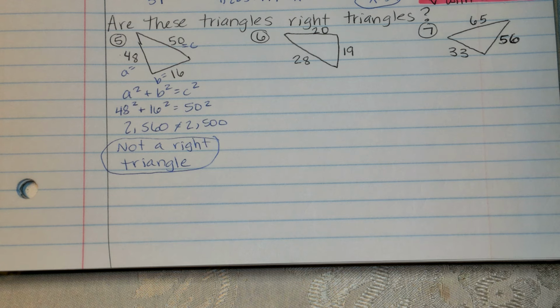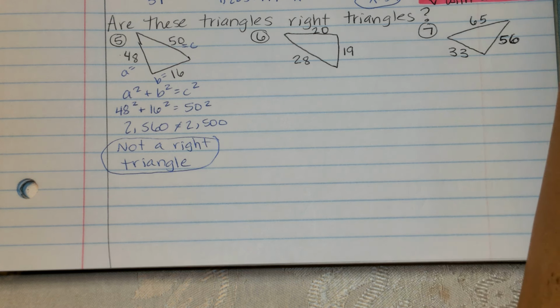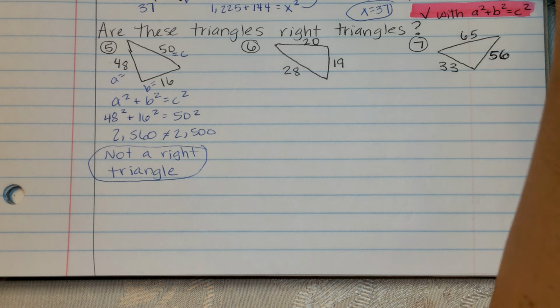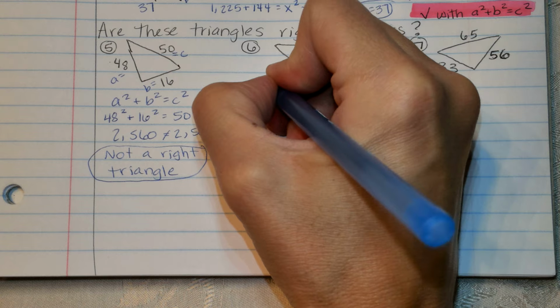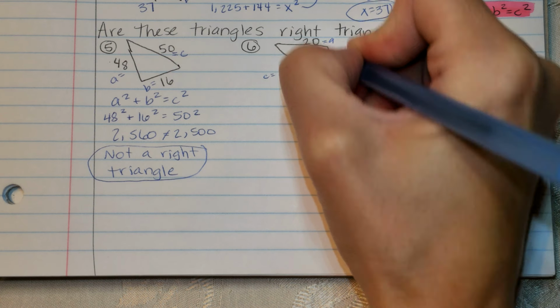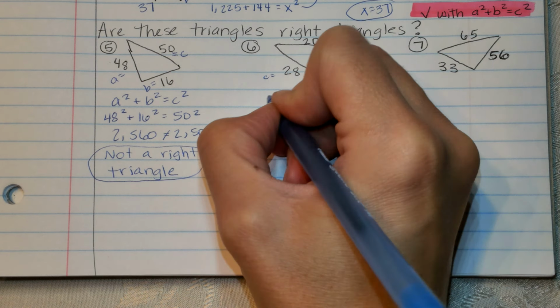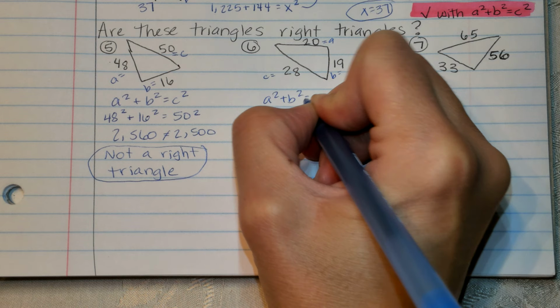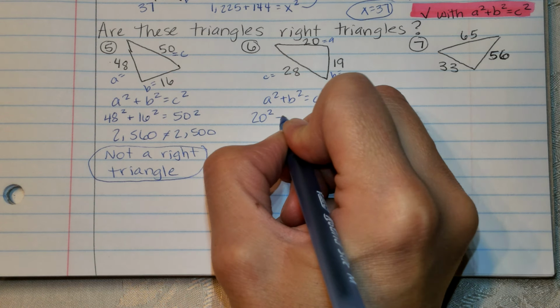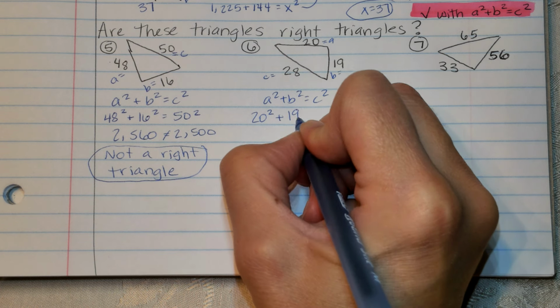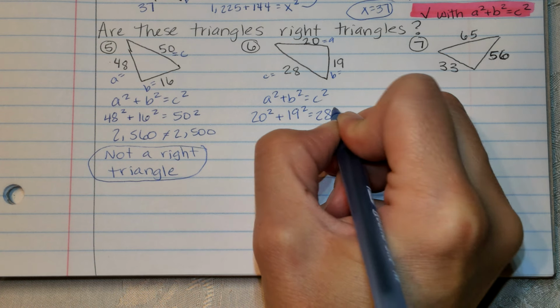Okay, so let's try the next one. Again, the main thing is find which side is the C. If it's a right triangle, it's the hypotenuse. So the longest side is always C. The other two don't matter. A squared plus B squared equals C squared. A I'm going to put as 20, so 20 squared. B is 19, 19 squared, and C will be 28 squared.